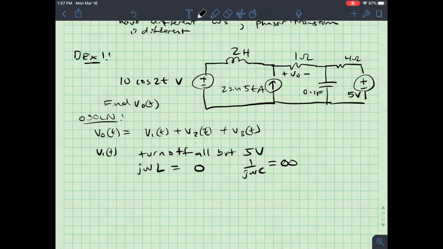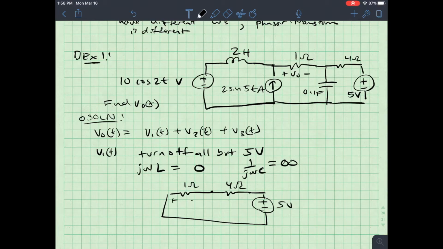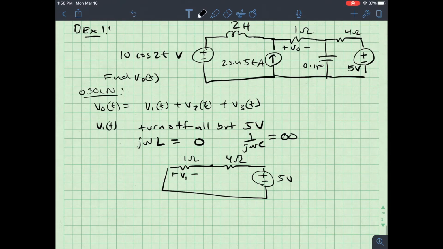I've got my 1 ohm resistor here, my 4 ohm resistor there. I've got my voltage source over here, 5 volts. And then I've got plus minus V1. This could be in phasor or time domain. It does not particularly matter with this exact one because it's a DC voltage.